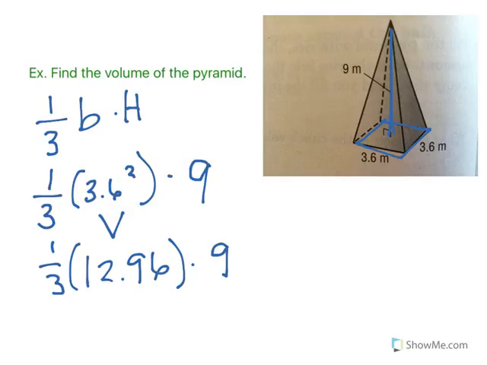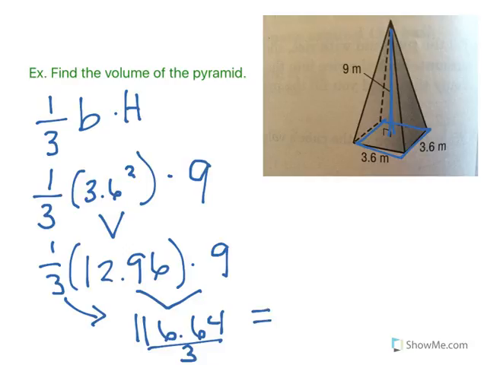What you can do is bring these together first, and then at the end divide by 3. So I do 12 96/100ths times 9. I'm going to get 116 64/100ths. And then I'm going to bring down that 1/3, or divide by 3. That's the same thing. Multiplying by 1/3 is the same as dividing by 3. So I'm going to divide that by 3, and I'm going to get 38 88/100ths.